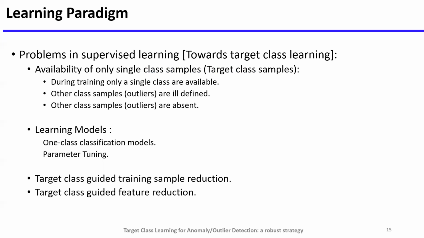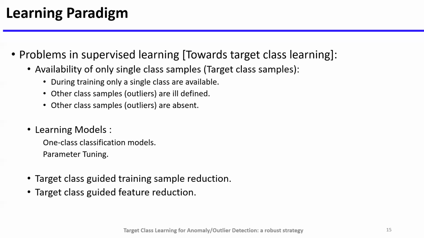So we need to work with the datasets which are available, and that may belong to a single class only. There are various possibilities: during training, only single class data are available, or other class data may be ill-defined, or some other class data are completely absent.